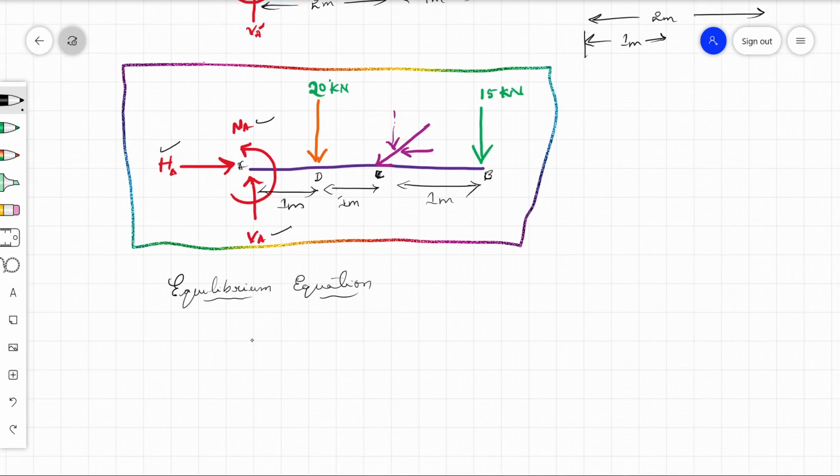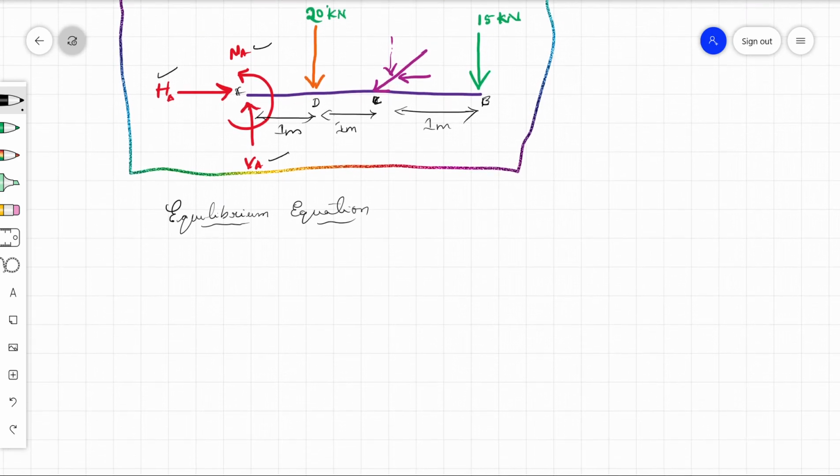Here is a concept. Remember, what are the equilibrium equations we have? Summation of all horizontal force is equal to 0, or summation of all force in the x-axis is equal to 0, right? Next is summation of all vertical force is equal to 0, that is, summation of all force in y direction is equal to 0. That was first. This is second.